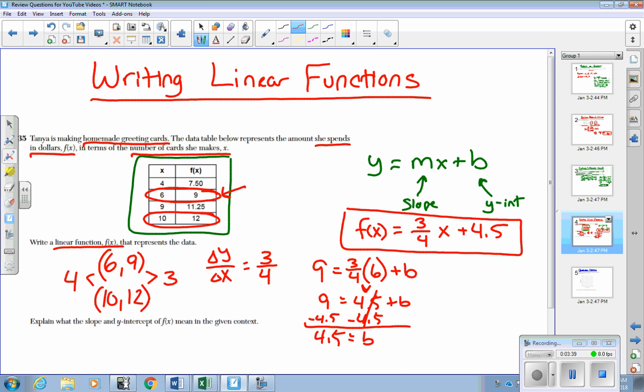So our slope represents that change. In this case, our change was 3/4. Now we talked about earlier, 3/4 is the same as 0.75. So the 0.75 would represent her cost of making a card.